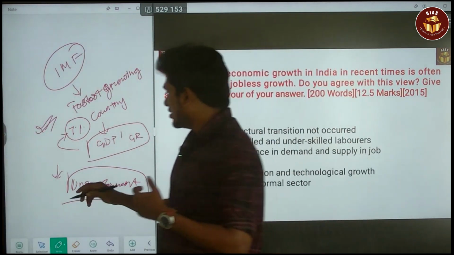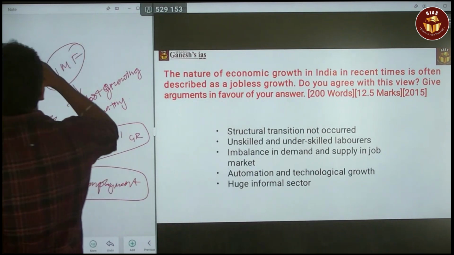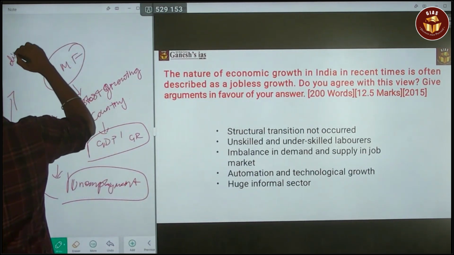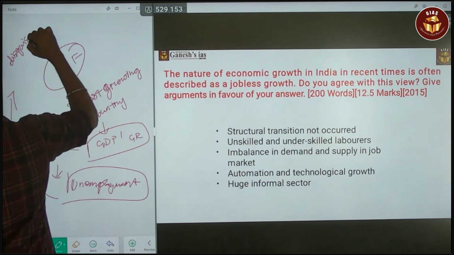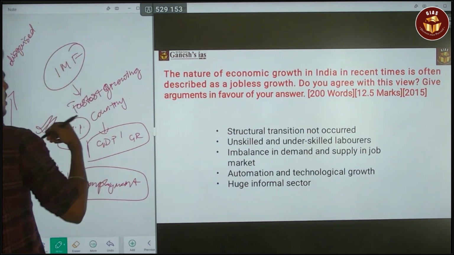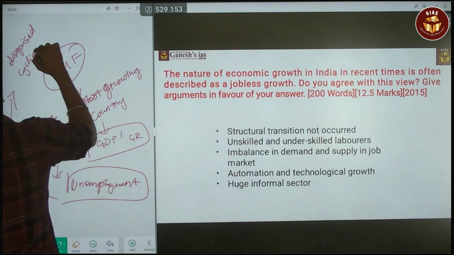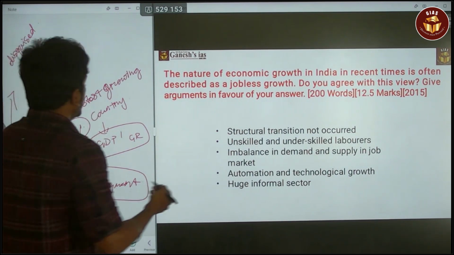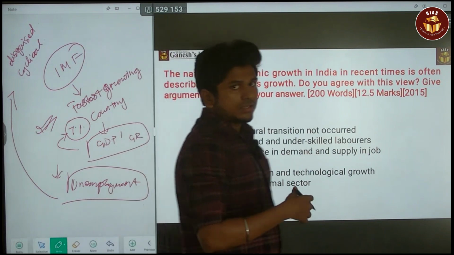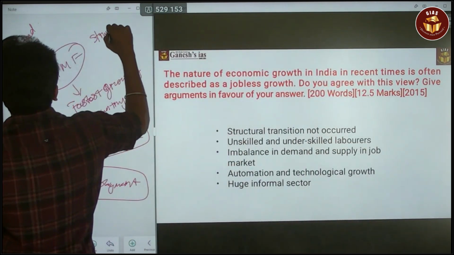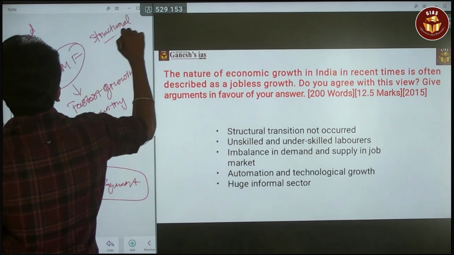We have different types of unemployment crisis in India. For example, in Indian agriculture, it is disguised unemployment, and in urban areas there is cyclical unemployment, and in the IT sector there is the issue of structural unemployment.